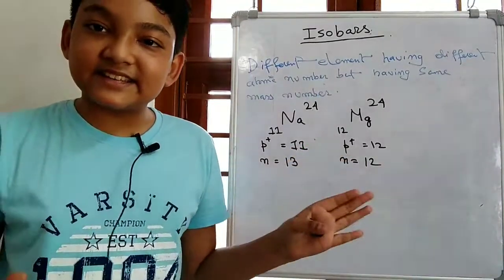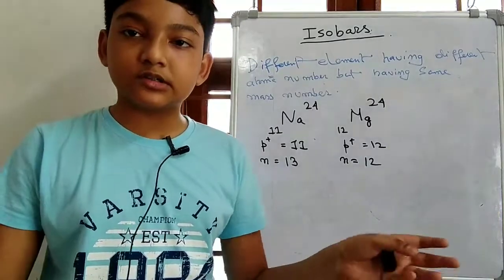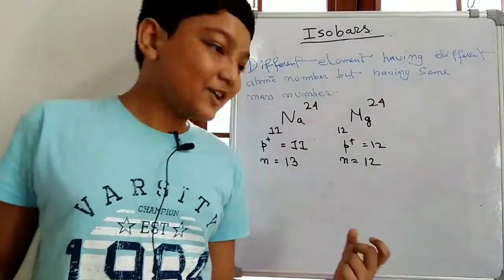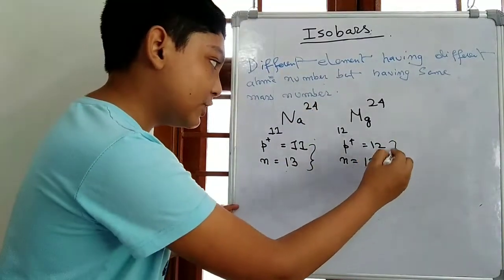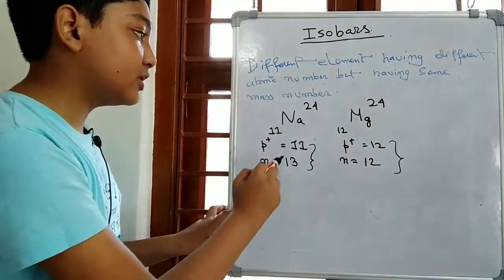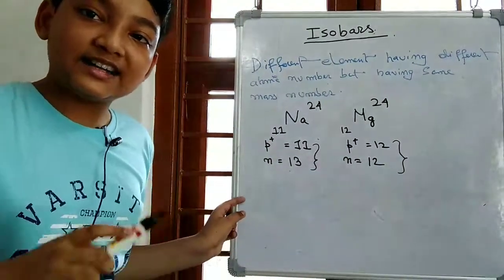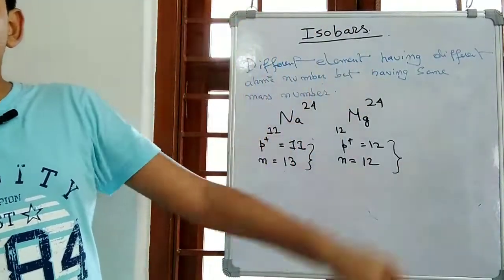See, is anything matching? Protons not same, neutrons not same. What is same? Same is the addition of protons and neutrons. So 11 plus 13 is 24. 12 plus 12 is also 24. So proton plus neutron is same in both the cases. So this is known as isobars. Okay.